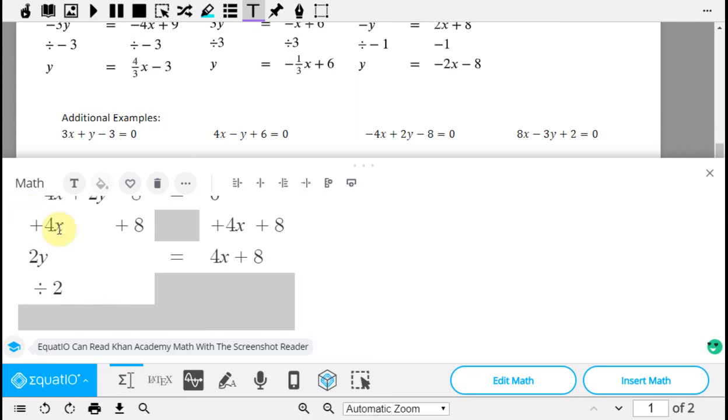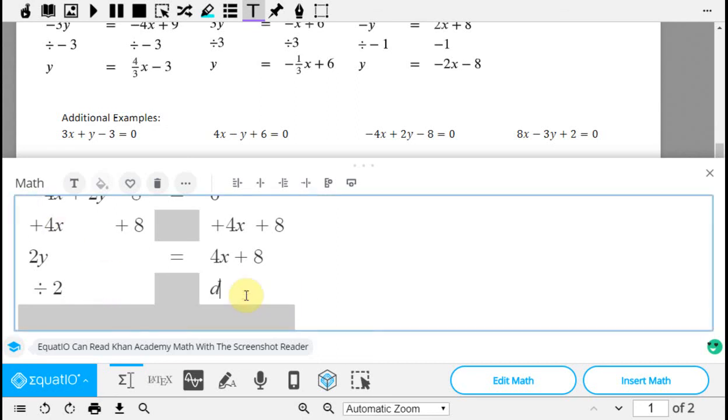And divide on the other side. That leaves us with y, or 1y, equals 4 divided by 2 is 2x, and 8 divided by 2 is plus 4.